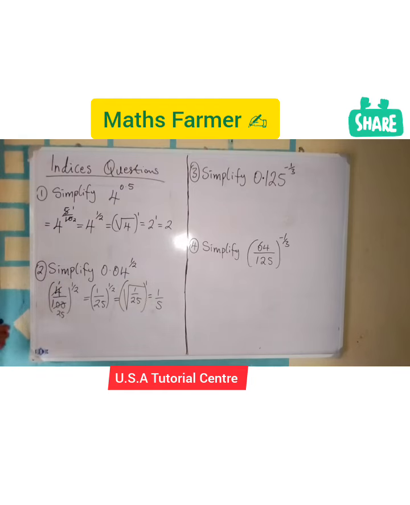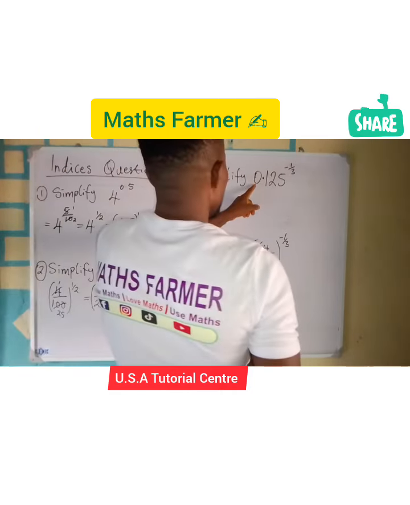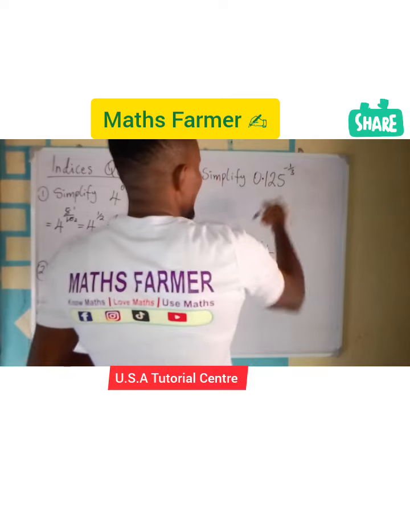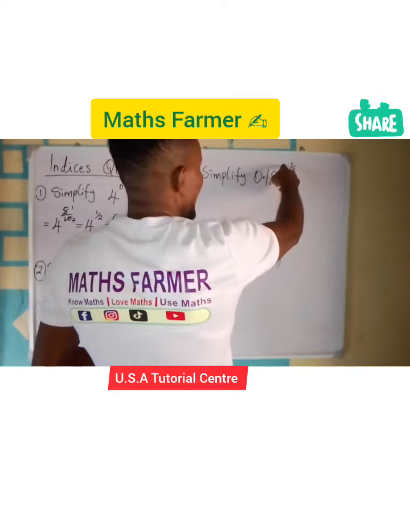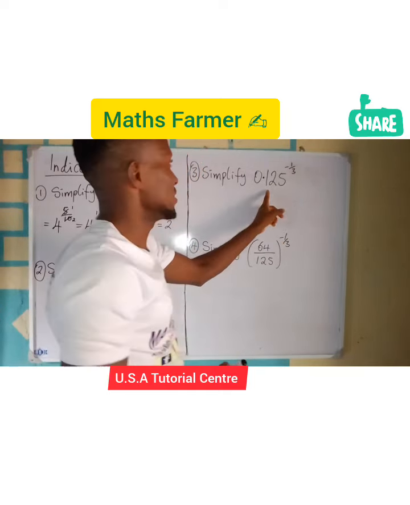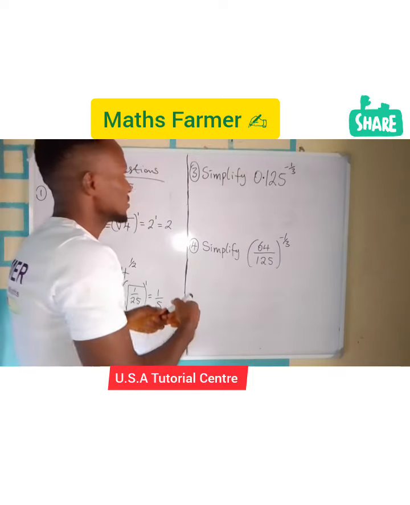That's your answer. Coming to the third one, simplify 0.125, all raised to the power of minus 1 over 3. The base here is in decimal form, so we have to break it down.